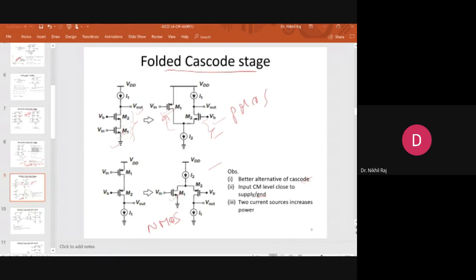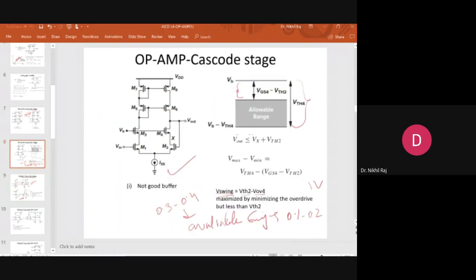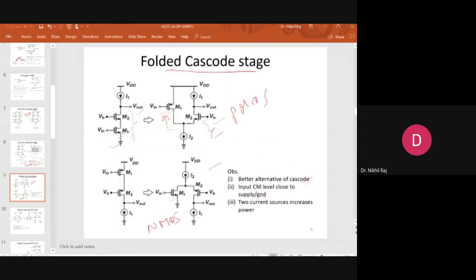In the earlier design, when I am designing the voltage buffer, I am getting very limited swing. But when I design the voltage buffer with this type of folded cascode, then I can get a better input common mode level. How? Because Vin will be closely related to VDD, or Vin will be closely related to the ground. Okay, so we have a lot of space for application as a buffer.